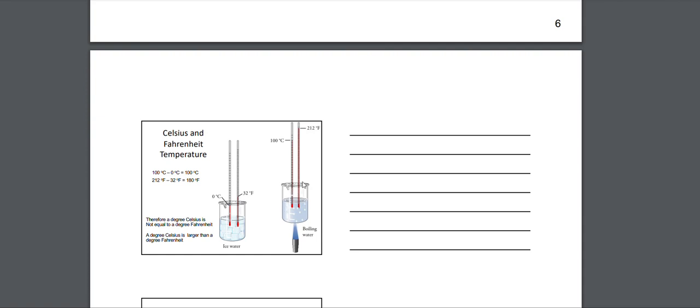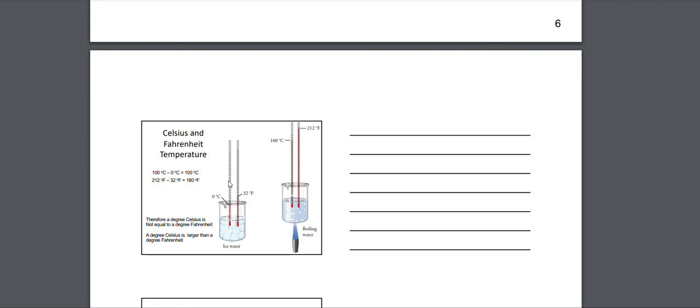If you were to heat that beaker and bring the water to its boiling point, you will see the thermometer that reads degrees C show 100 degrees C, and the Fahrenheit thermometer show 212 degrees Fahrenheit. This tells us that between the freezing point and boiling point of water there are 100 degrees Celsius, going from 0 to 100.